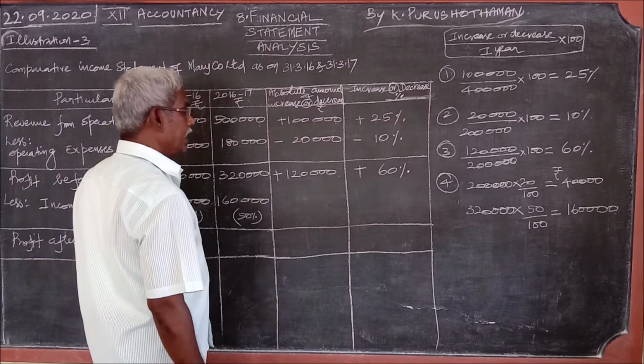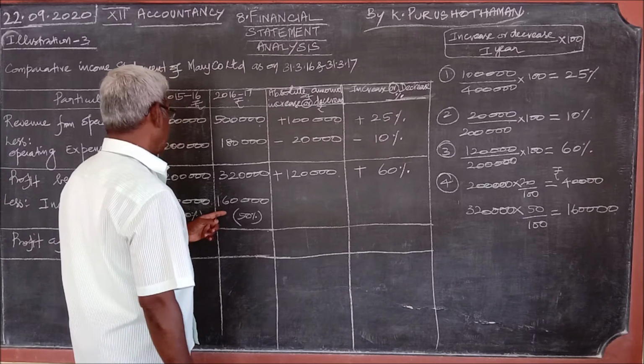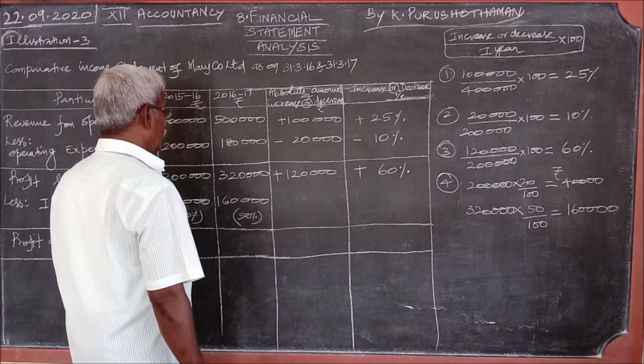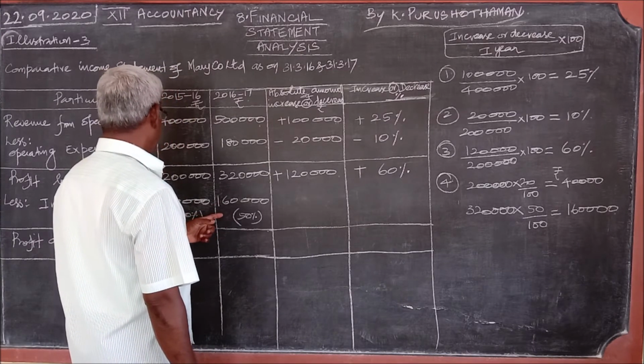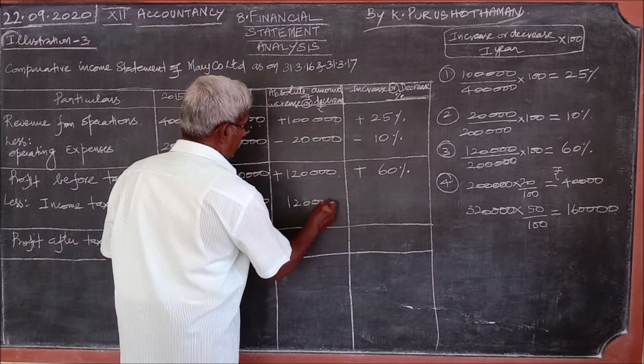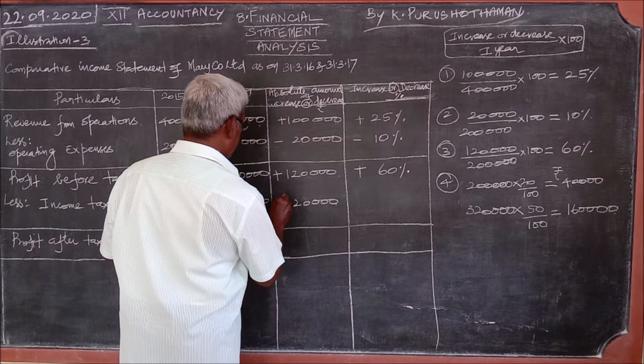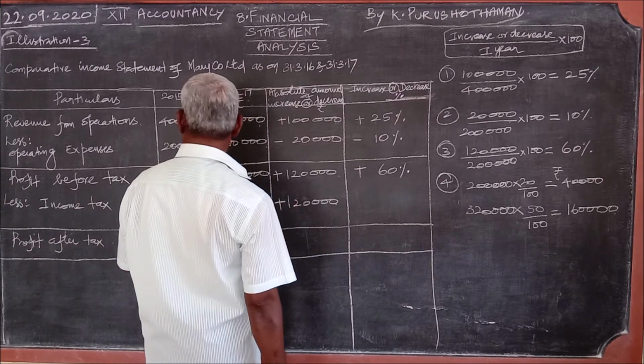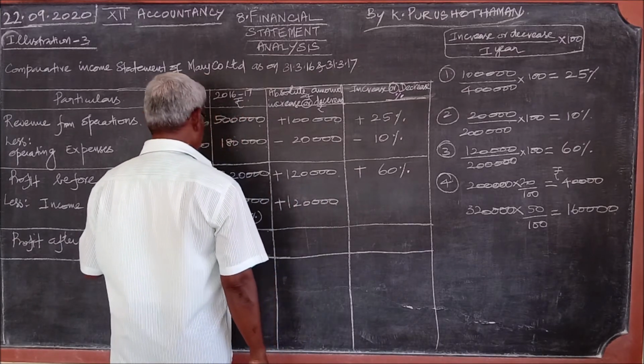So there is an increase of how much? First year 40,000, second year 1,60,000. Therefore 1,20,000 is the increase in paying income tax.